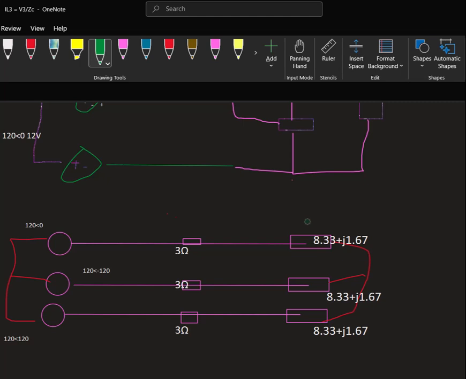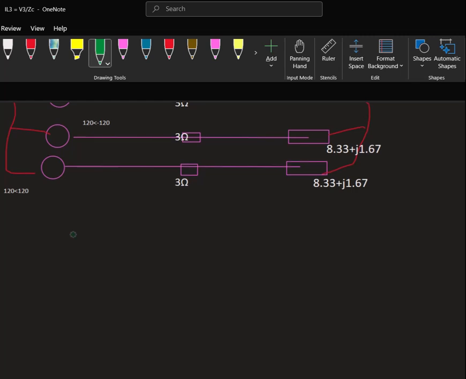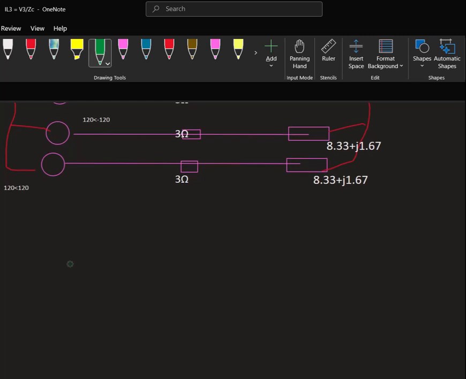I'd have to do one more thing, because these are almost always given in RMS, and in the time domain you would need to have it in peak.